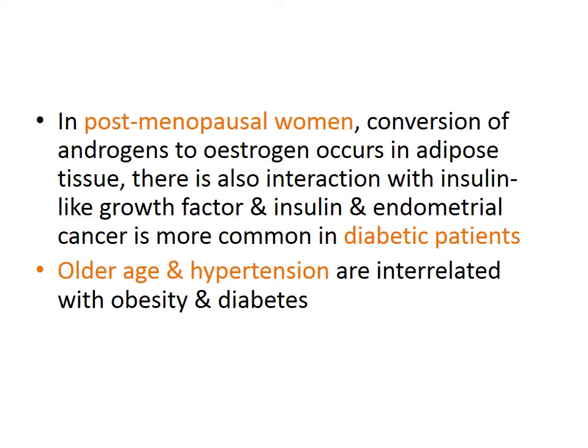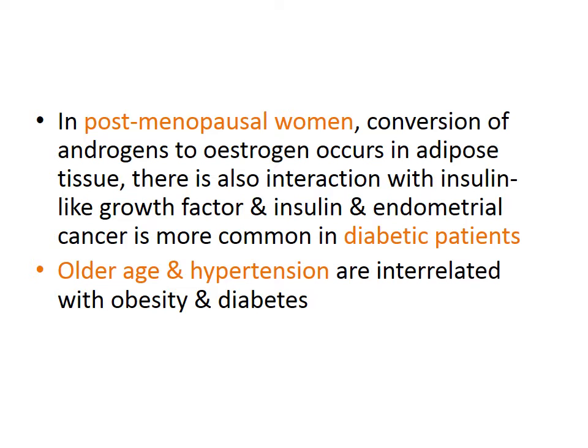You have to know that in a postmenopausal woman, it is clearly known that the ovarian function ceases at the age of menopause, so one might ask from where the estrogen can be secreted into the body or be formed.